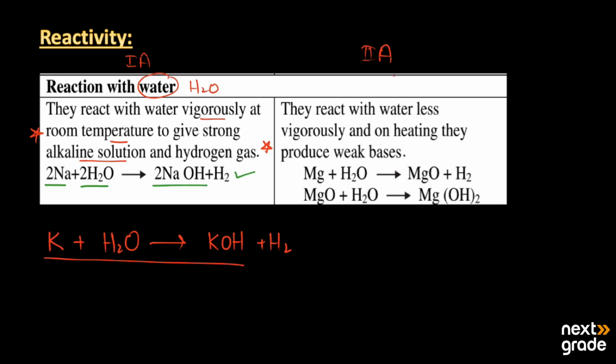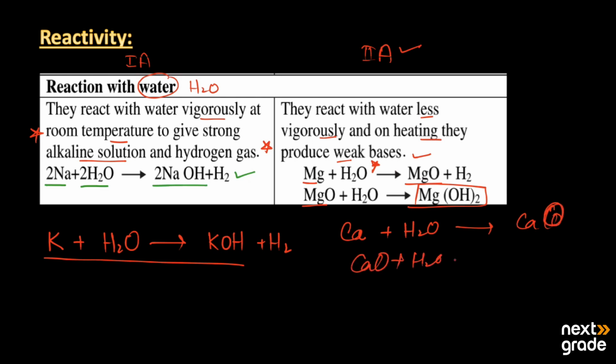Then the reactivity of group 2 elements, like magnesium. They react with water less vigorously, and on heating they produce weak bases. Magnesium on reacting with water produces magnesium hydroxide. Likewise, calcium reacting with water produces calcium oxide, and then this calcium oxide on reacting with more water produces calcium hydroxide.